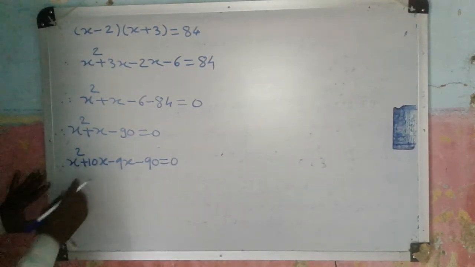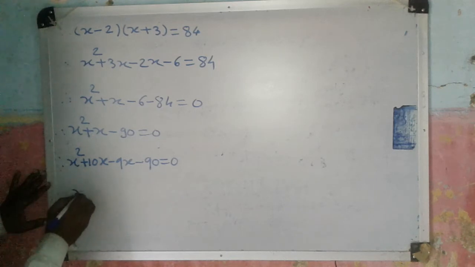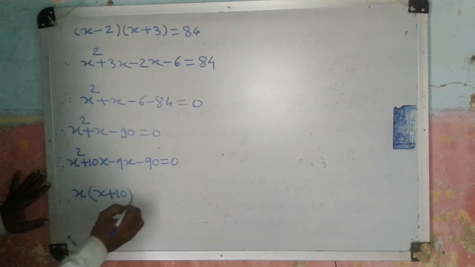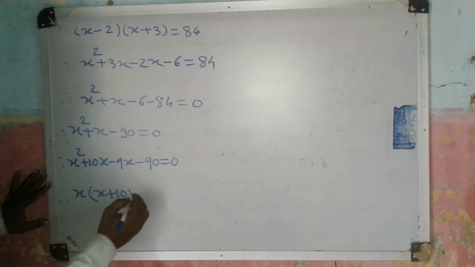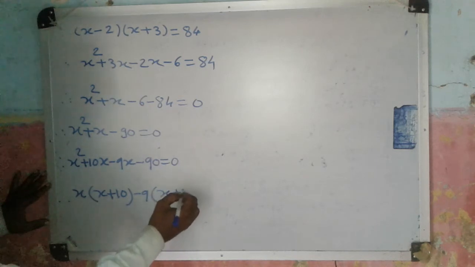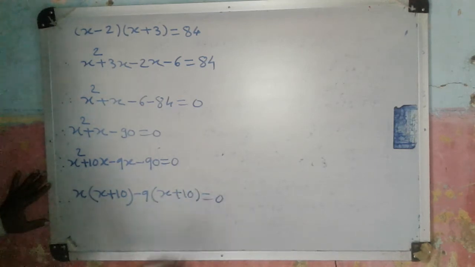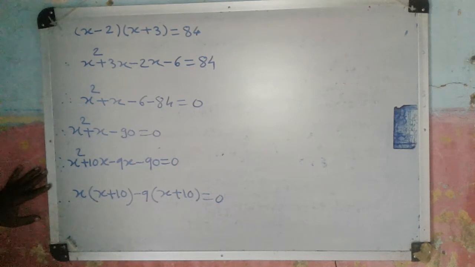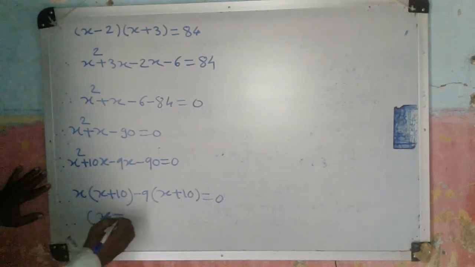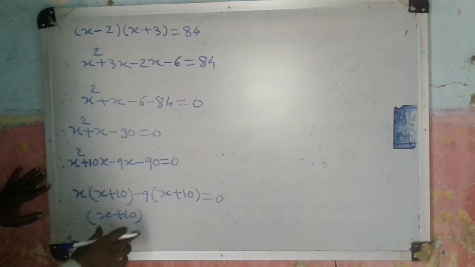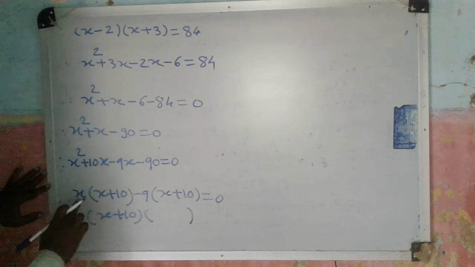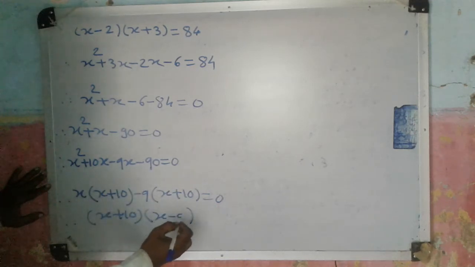Now from the first group x is common, so in the bracket it remains x plus 10. Now from the second group minus 9 is common, in the bracket x plus 10. Now x plus 10 is a common bracket. Therefore x plus 10 is a common bracket, and the remaining terms in another bracket x minus 9.